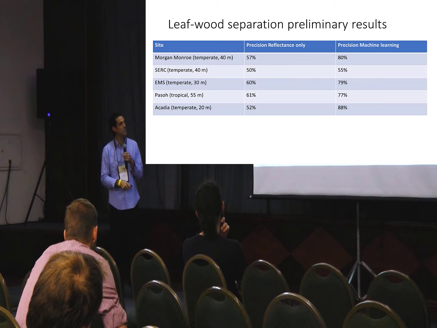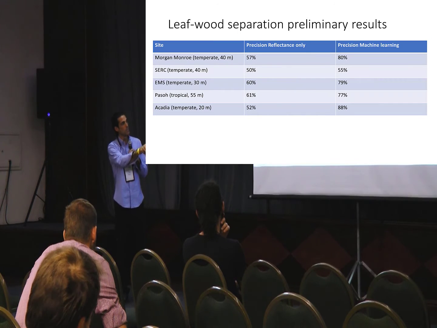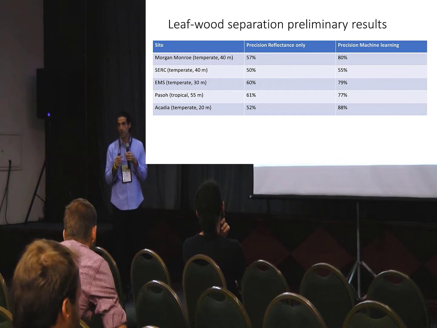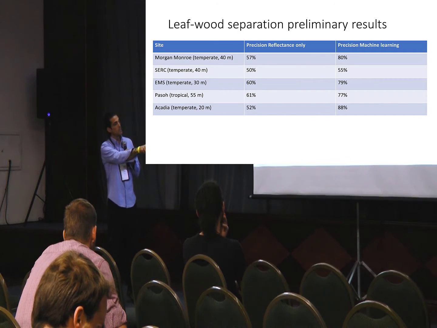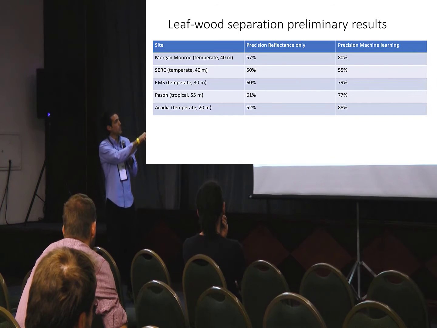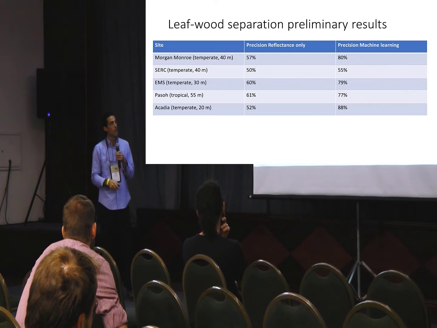So we're in the 50-60% range. And with the machine learning, it's quite a significant improvement in the precision of the separation. So in some cases here, we're going close to 90% accuracy. In one case, we're staying low, around 55%, and we're still trying to figure out why that is.